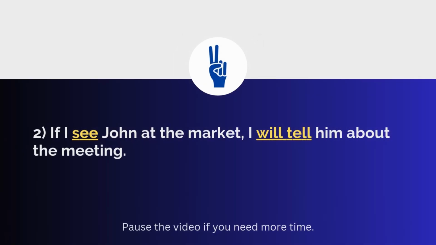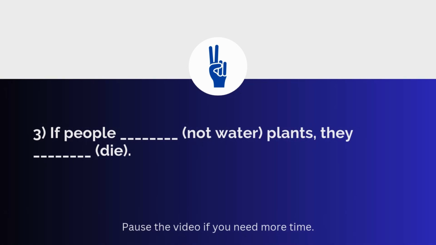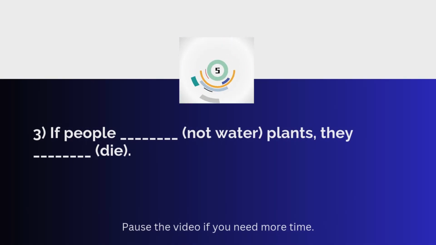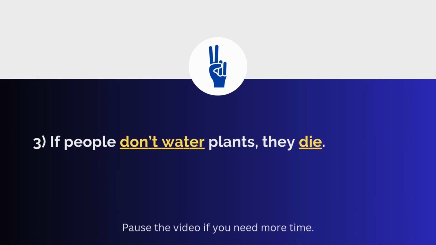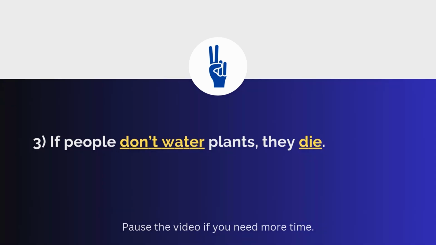The answer is, if I see John at the market, I will tell him about the meeting. 3. If people not water plants, they die. The answer is, if people don't water plants, they die.